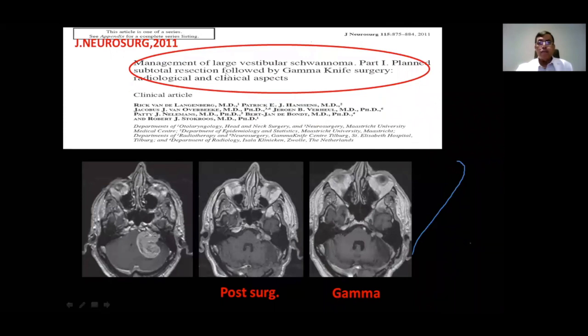Same thing, let's do subtotal resection and then give the gamma knife. You've been there. Why not take this tumor out? Why did you stop there? Are you afraid of complications? Complications would happen with this kind of surgery, whether you leave this part or not. So you subjected your patients to risks of surgery in that very critical area for no good reason.